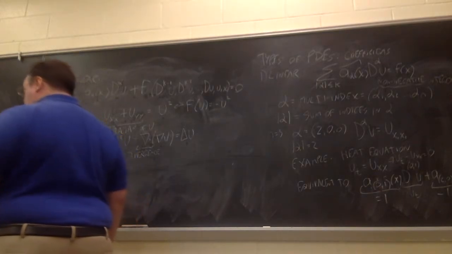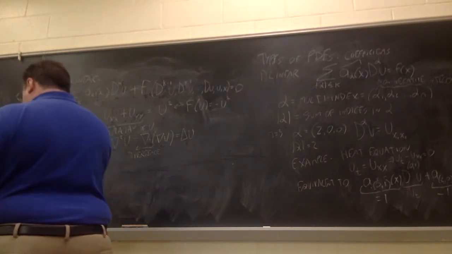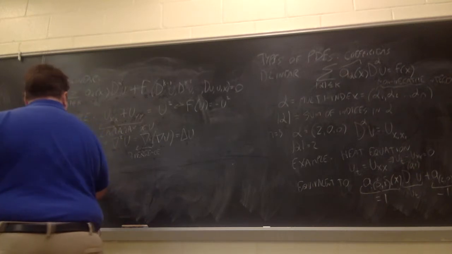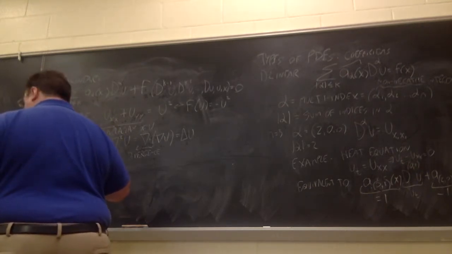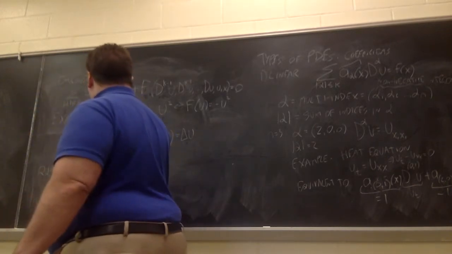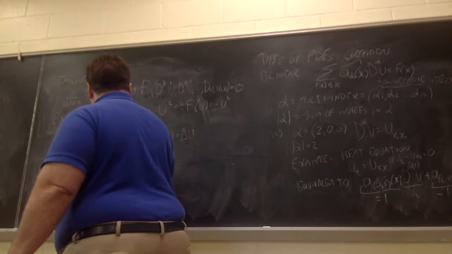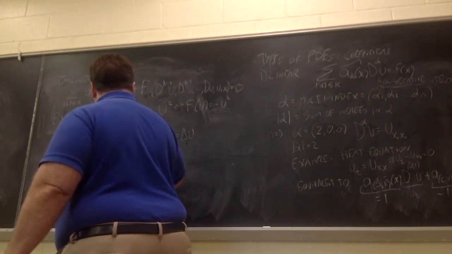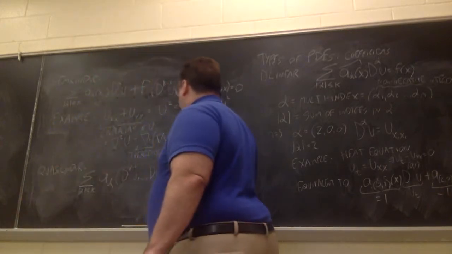So in this case, it's still the same kind of summation, but now your coefficients are also allowed to depend on lower order derivatives of u, or they can be functions of x.